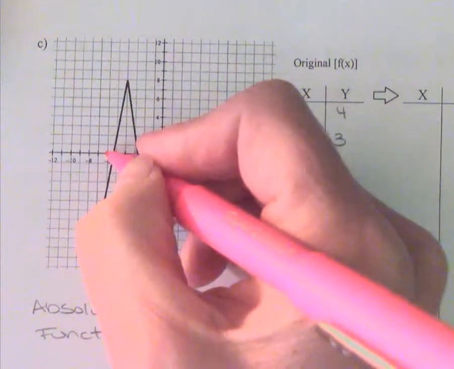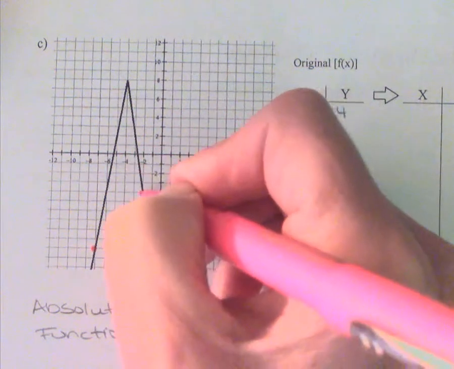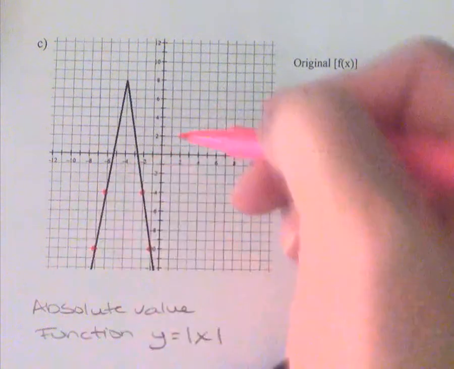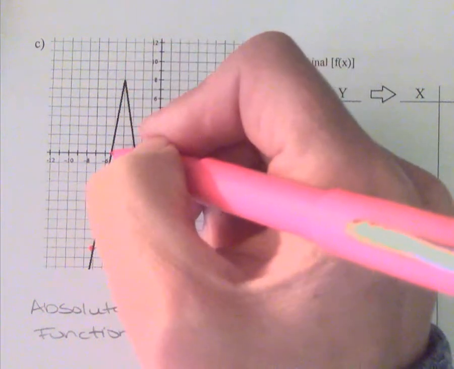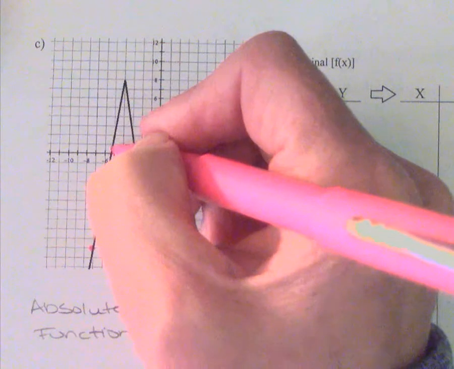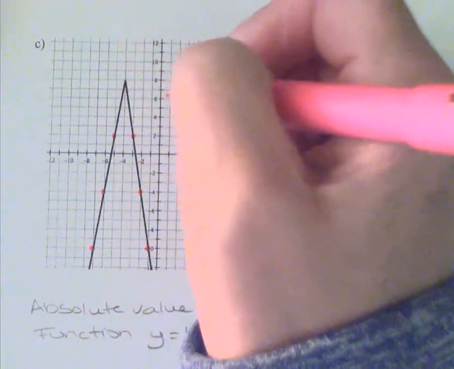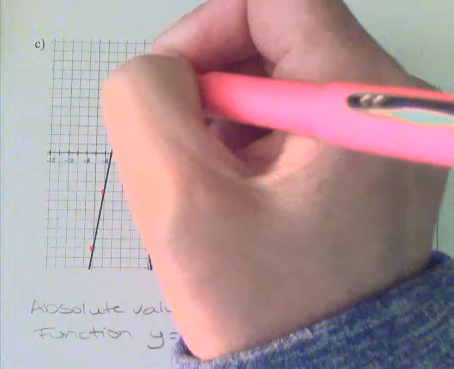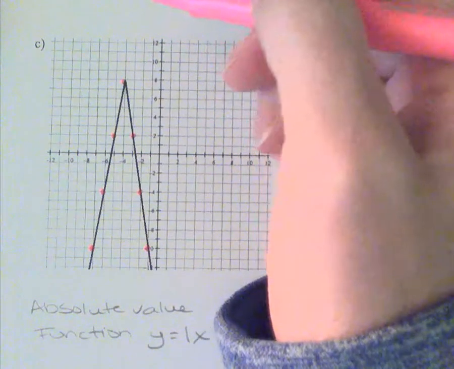My next one is -6, -4, and I have one there as well. And then we look, we're at -5. You can see there's one there and there. One there. Good.